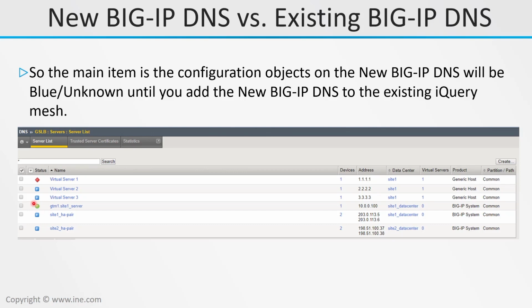So it has the green available locally, but the rest of the virtual servers or LTM objects are unknown and blue. So in this case, we would need to do a bigip_add utility, most likely, to exchange the certificate information for iQuery to work successfully.